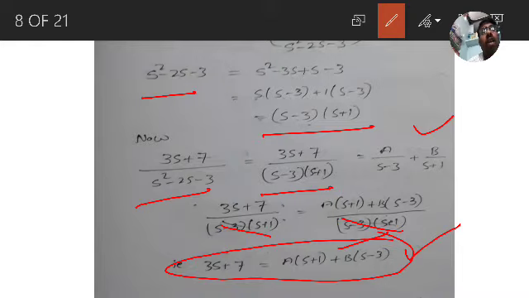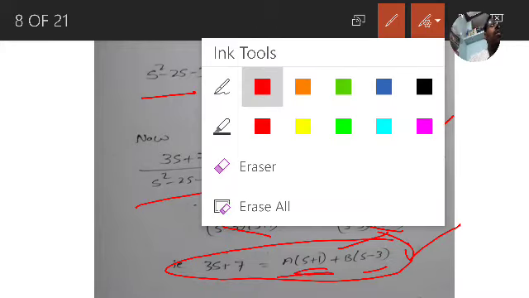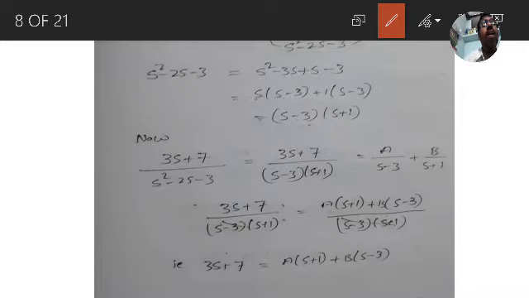Now you have to get the A value and B value. To get the A value, we have to make B 0. How to make B 0? Put s is equal to 3. To get the B value, you have to make A 0. How to make A 0? Put s is equal to minus 1. So let us find the A value and B value from the equation 3s plus 7 is equal to A into s plus 1 plus B into s minus 3.